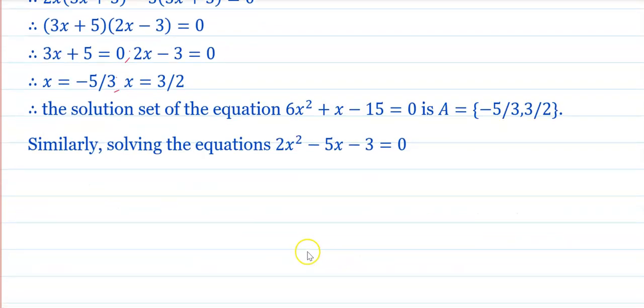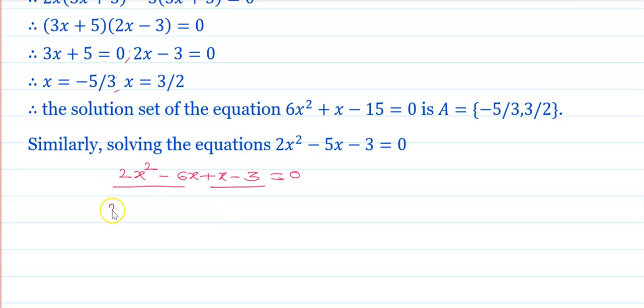Now, similarly, we will solve the equation 2x^2 - 5x - 3. The product of the first term and the last term is -6x^2. Therefore, the factors are -6x and +x, giving 2x^2 - 6x + x - 3 = 0.